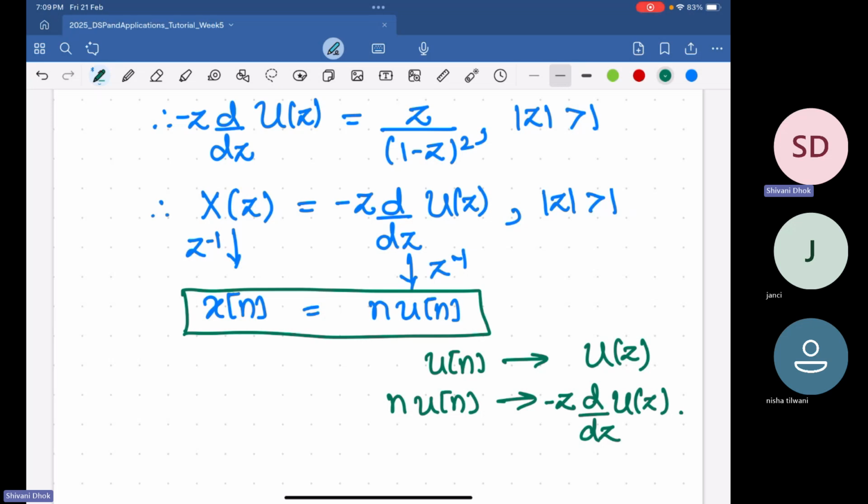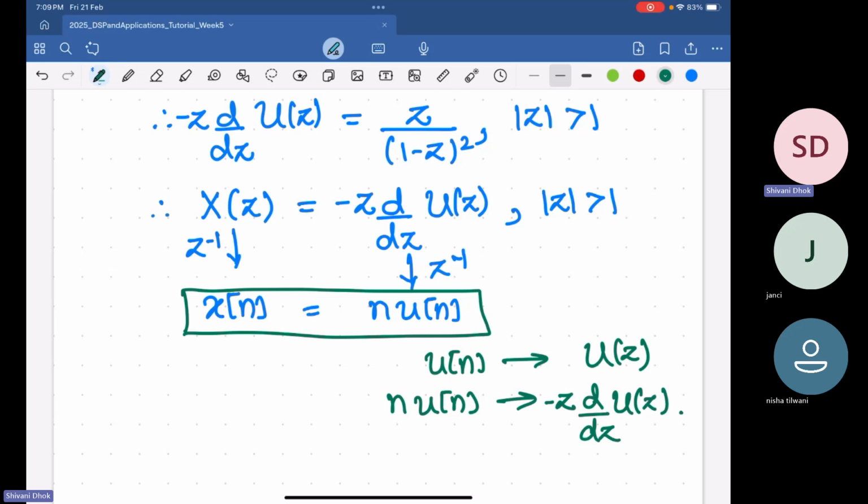So we need to know the z-transform of some standard signals like impulse, unit step, sine, cosine, and those exponential forms, that is a to the power n u[n] and minus a to the power n u[minus n minus 1]. If we know that, when you practice and solve questions, you yourself will get used to it, and you will understand at what point we can apply those properties.